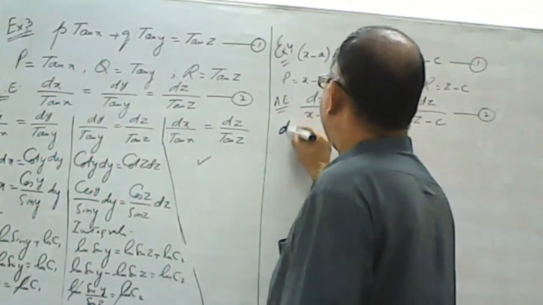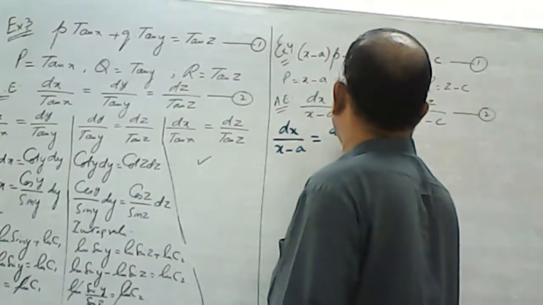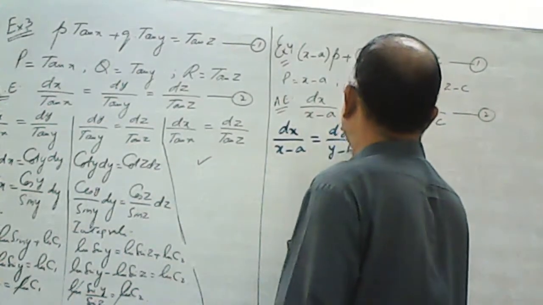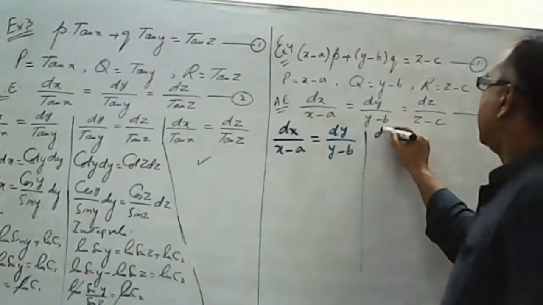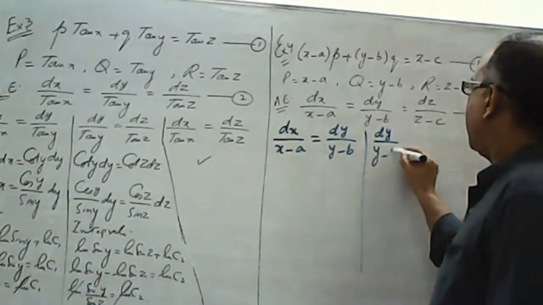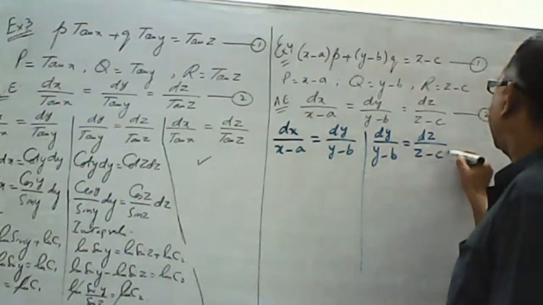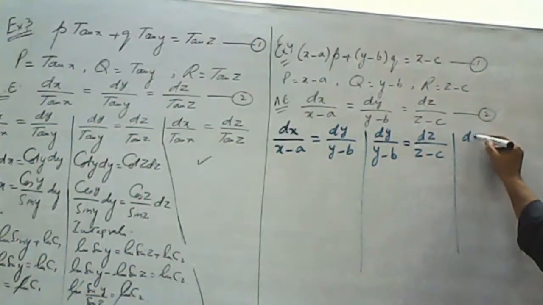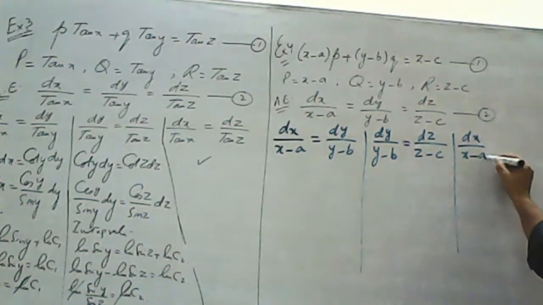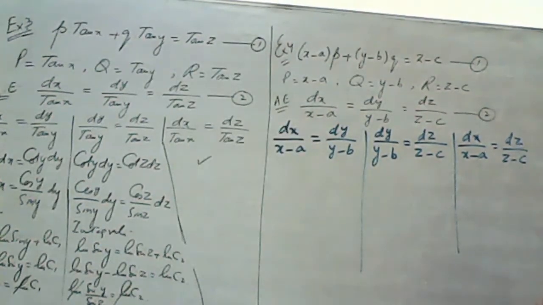So pair number 1 is dx over x minus a equal to dy over y minus b. Then dy over y minus b is equal to dz over z minus c, and then dx over x minus a equal to dz over z minus c.